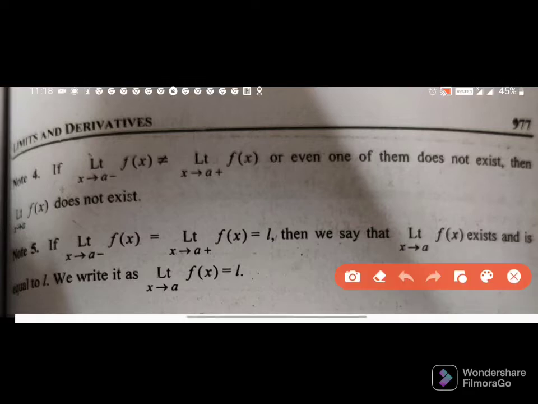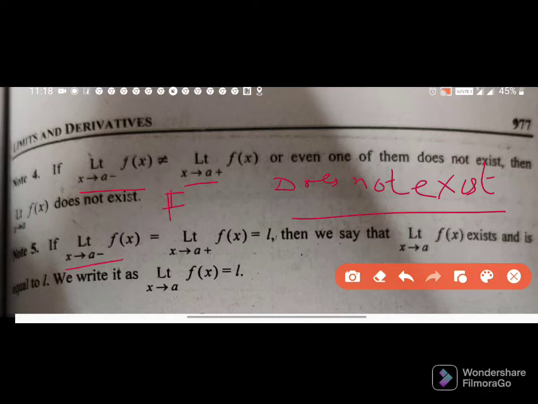Now if the left limit is not equal to the right limit, then the limit of the function does not exist. And if the left limit is equal to the right limit, then the limit of the function exists.